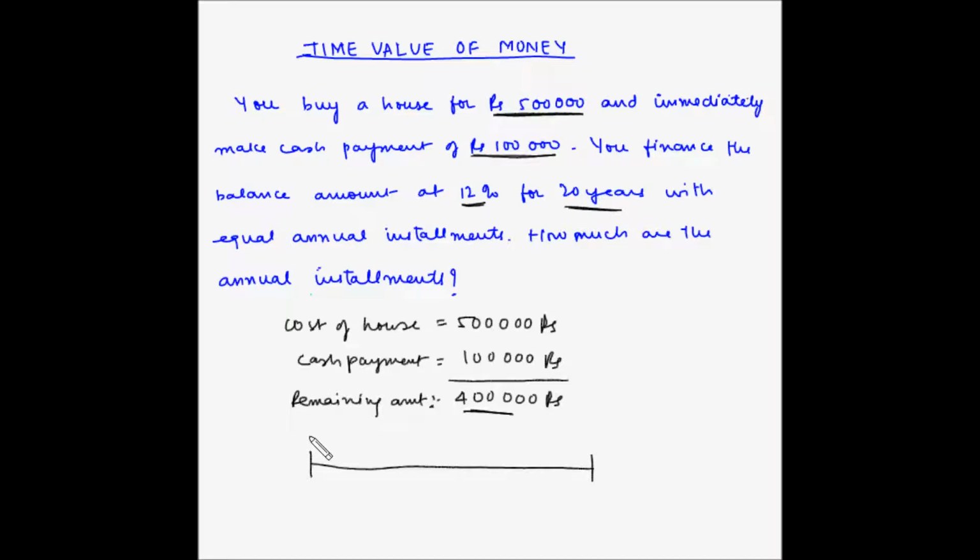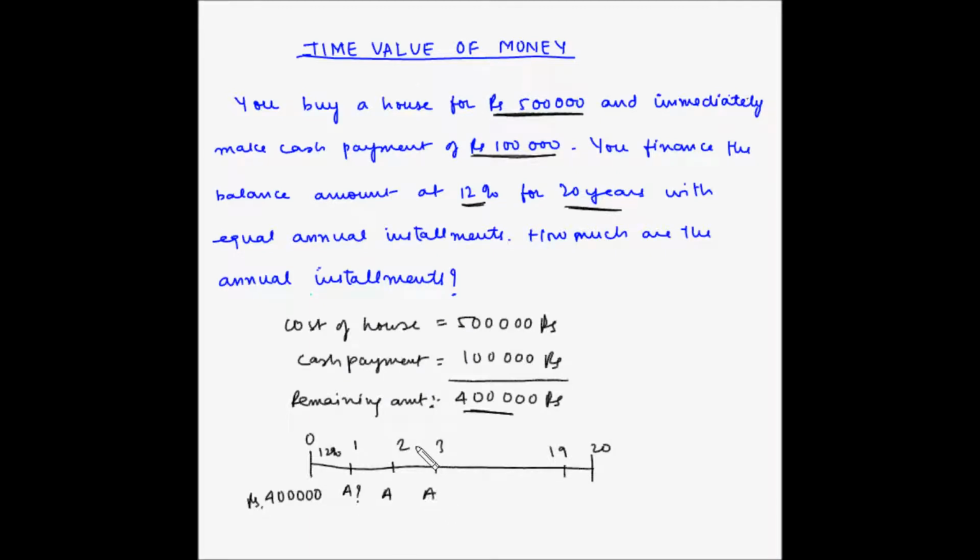Loan is 20 years, 0, 1, 2, 3 and so on, and then 19 and 20. The loan amount or the present value is 4 lakh rupees. The rate of interest is 12%, and we need to find out what is the annuity amount.